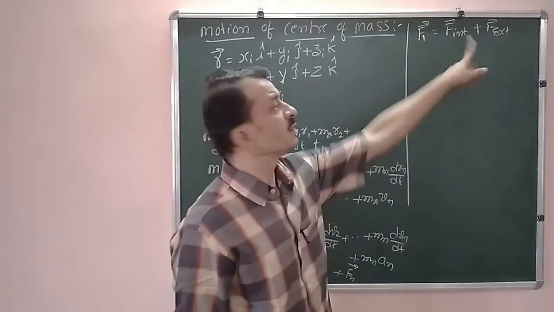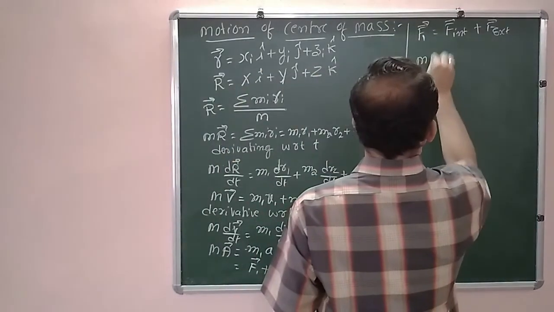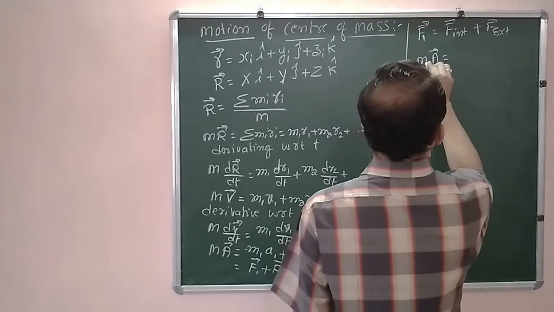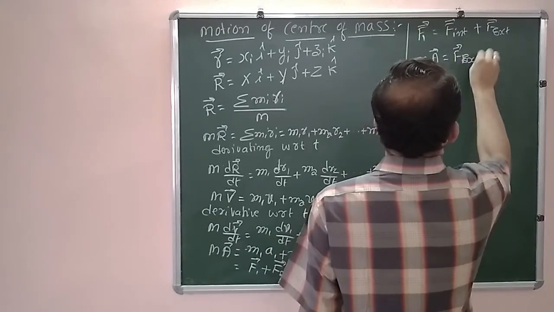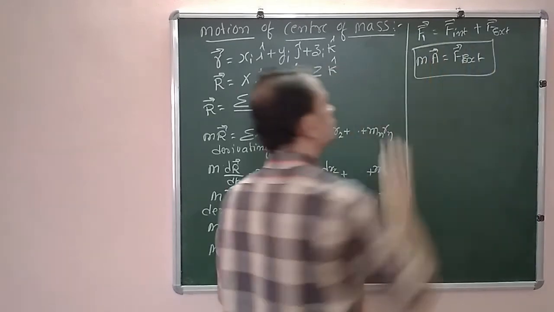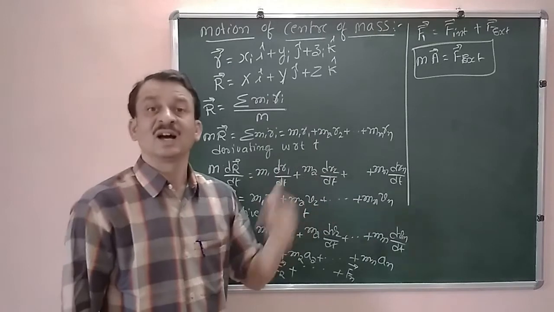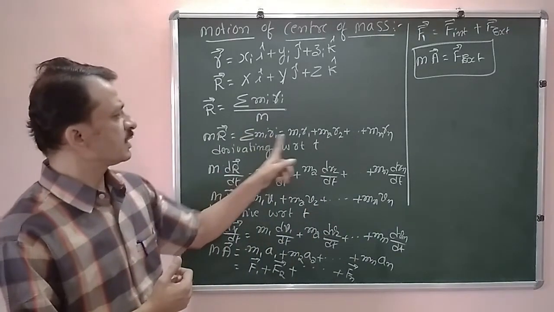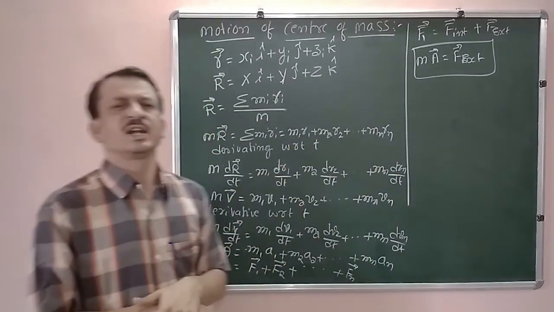So we are only left with the external force, and hence the final formula becomes M into a is equal to F external, which is once again Newton's second law for a system of particles. We started with a single particle and arrived at this relation.